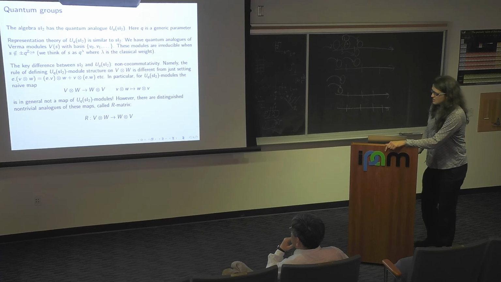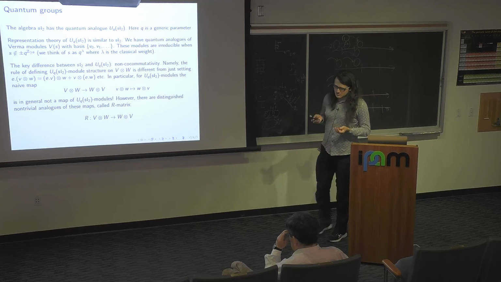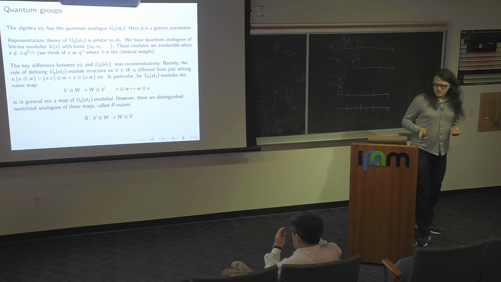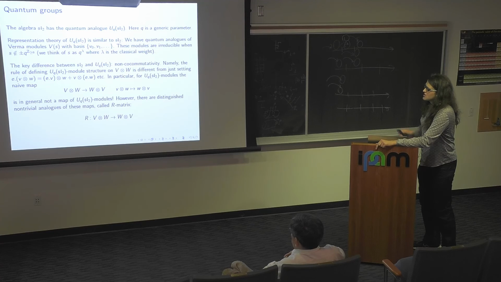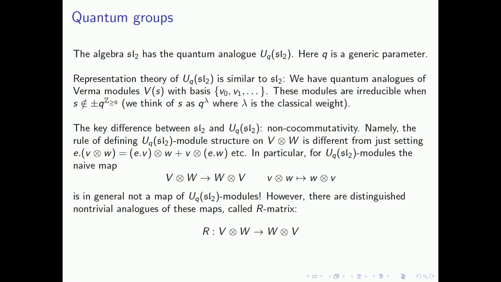The representation theory and the irreducible representations remain the same for generic parameter q when you do this quantization. But what changes and becomes non-trivial is the structure of tensor products between representations, because one of the main features of this quantum deformation is that your algebra becomes so-called non-cocommutative.